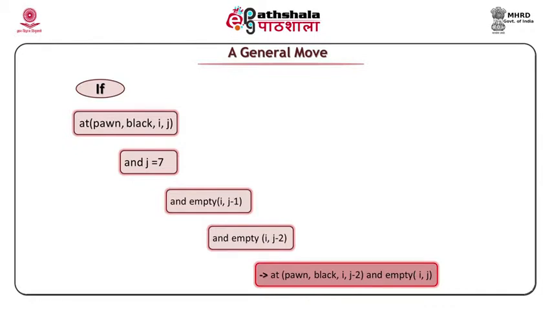It says that the next block is empty. Not only that, the next to next also is empty, so you can move that piece forward, empty i j minus 2. Then you can say that at pawn black i j minus 2, you just move the pawn 2 steps further, and where earlier the pawn was, that place is blank.